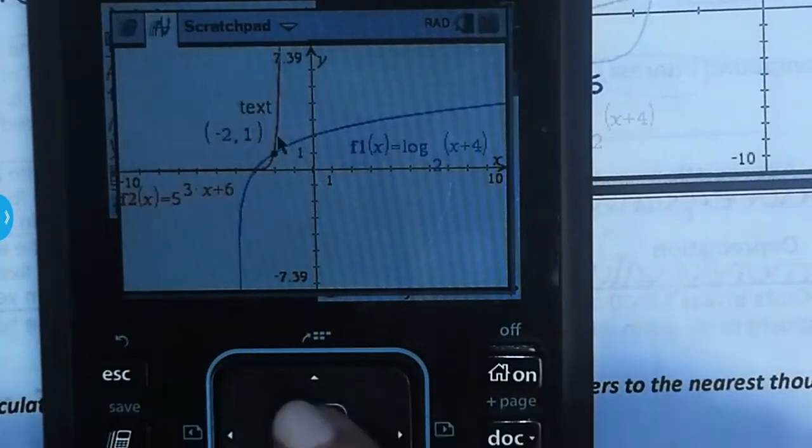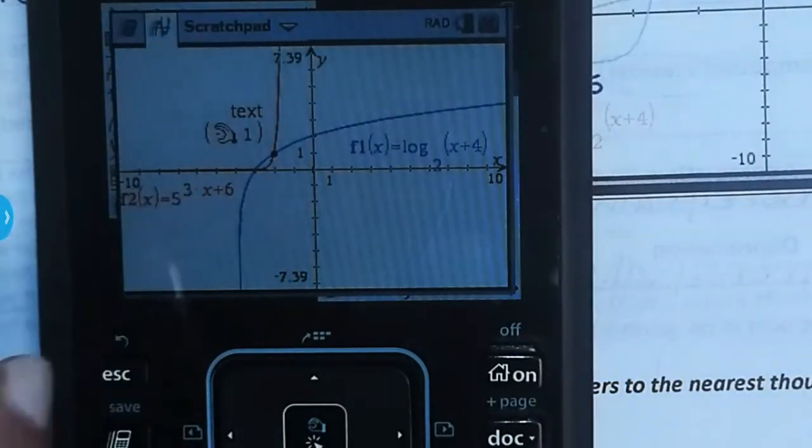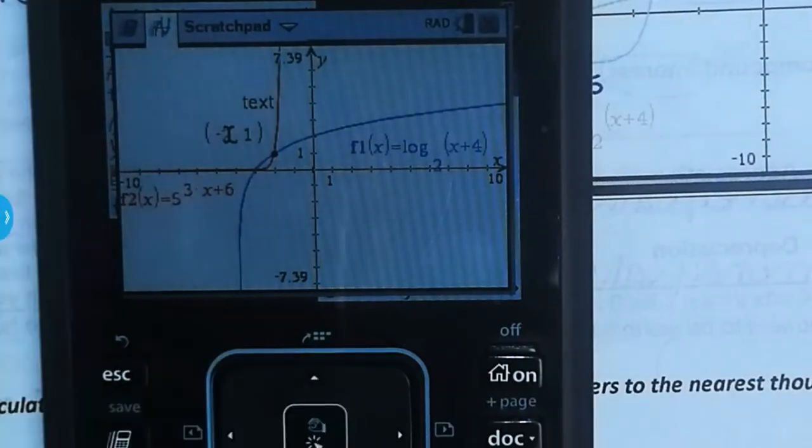Okay. So once you find an intersection, you should be able to take the cursor and put it above the number that you want to see more of. Yeah, so I want to see more of this because it's not really -2. So see how the little hand is open like that? Then if you press the plus sign, oh, come on. It should show you more. How come it's not showing me?